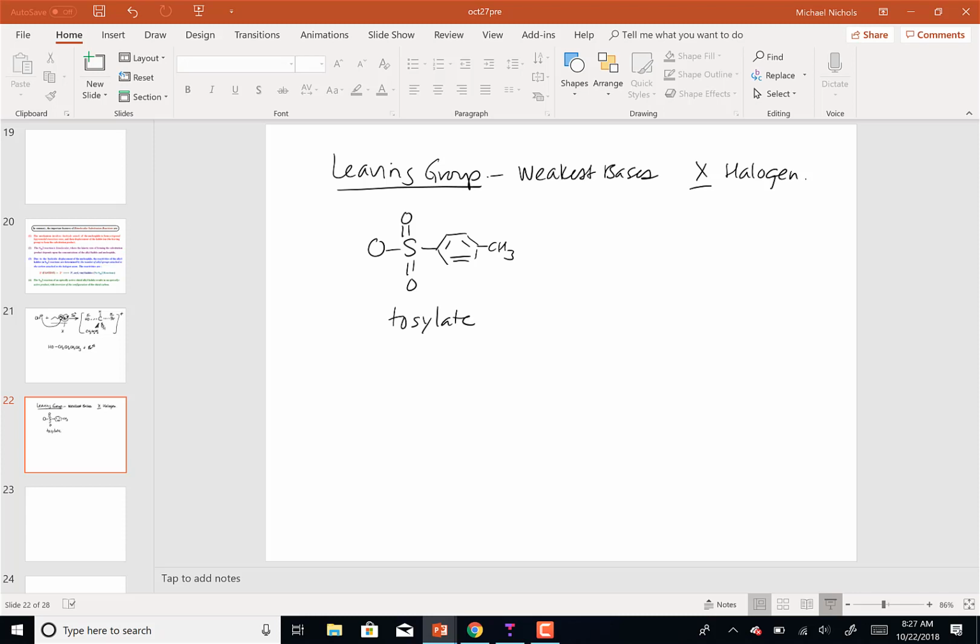There are modifications you can make to this to make it even better, but this is a really, really good leaving group. So why is it a good leaving group? Because this is a really weak base.